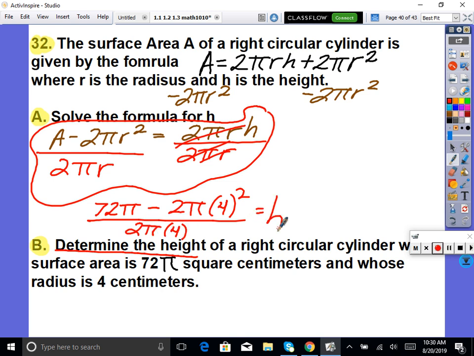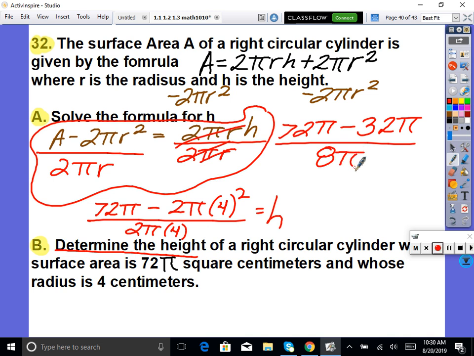That's our height. Let's simplify this. 72 pi minus 16 times 2, 32, right, everyone? So we have minus 32 pi all over, what's the bottom? 8 pi. Now what should I do?